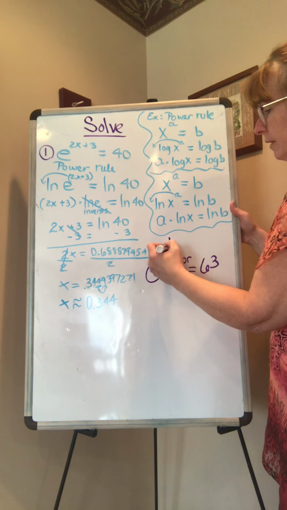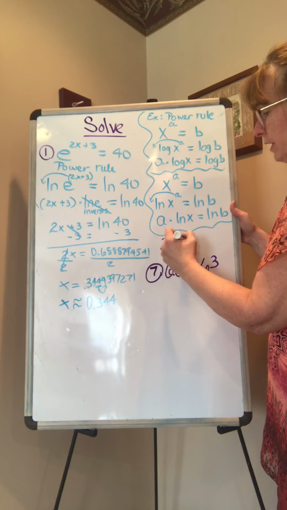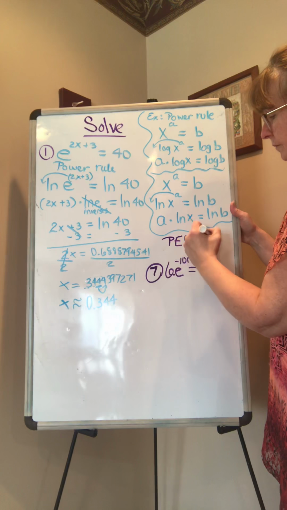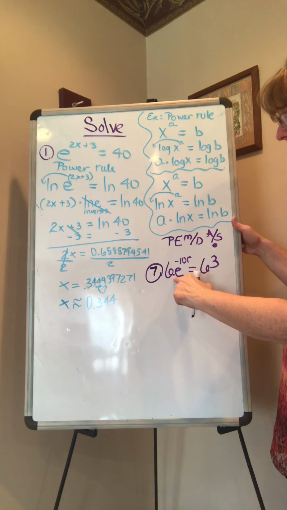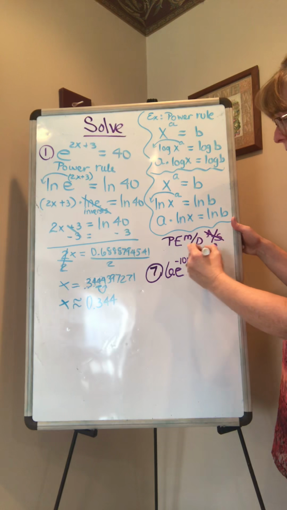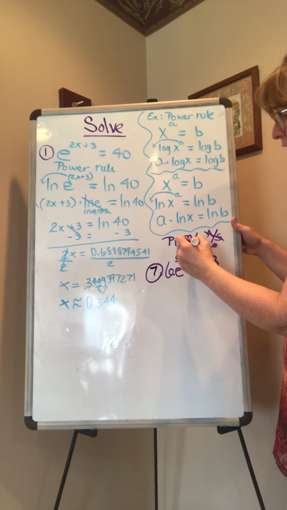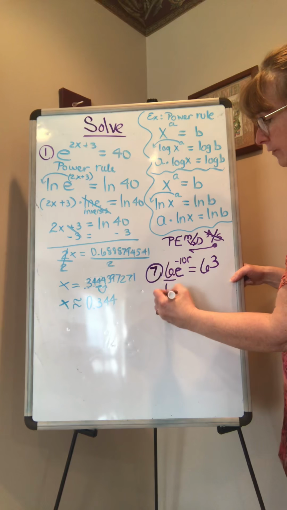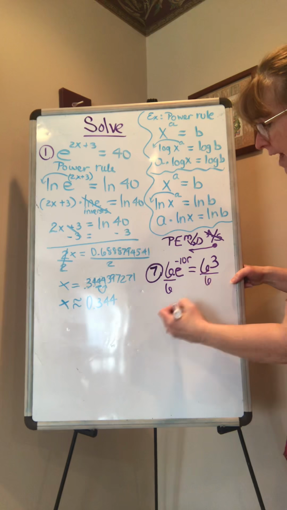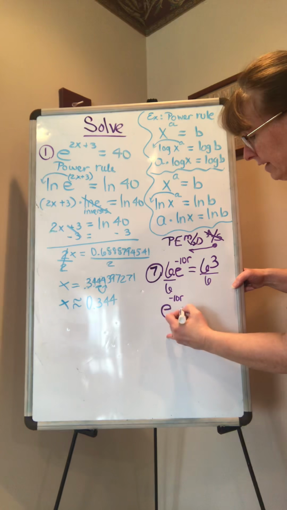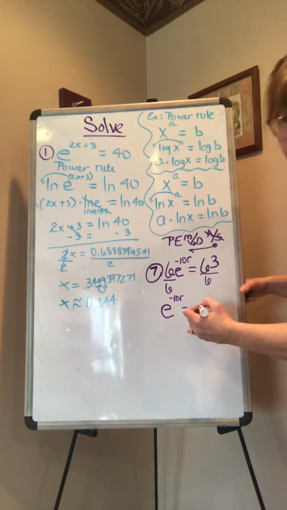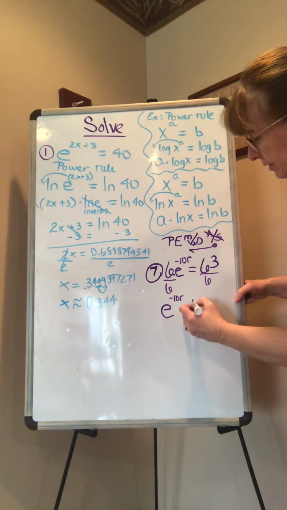Now remember, PEMDAS, order of operations. When you solve, we start back here. Now there's no adding or subtracting. Move along. There's multiplication division right here. There's multiplication, I better divide. Let me divide by 6. And now I have e to the negative 10r is equal to 10.5.